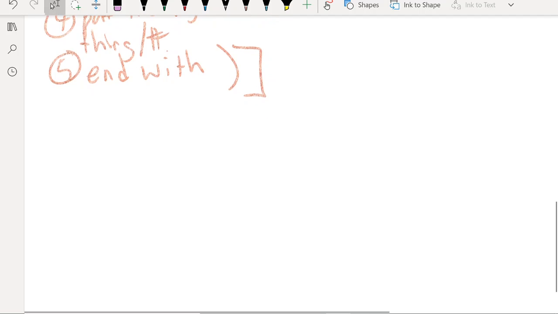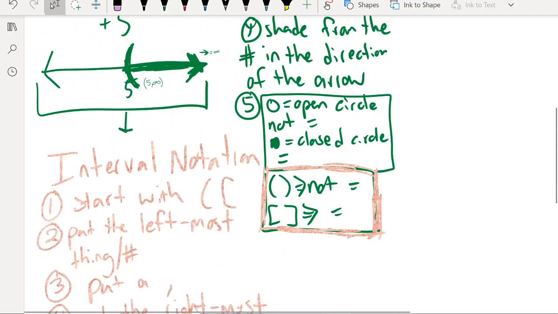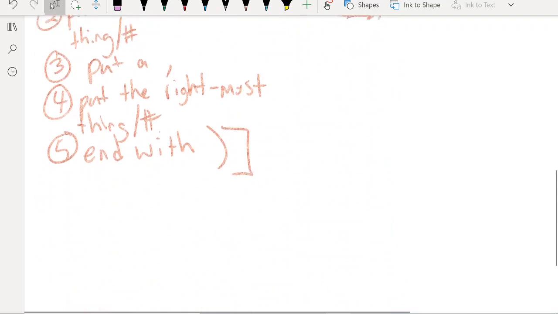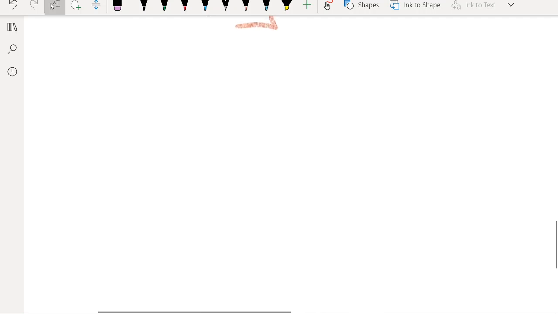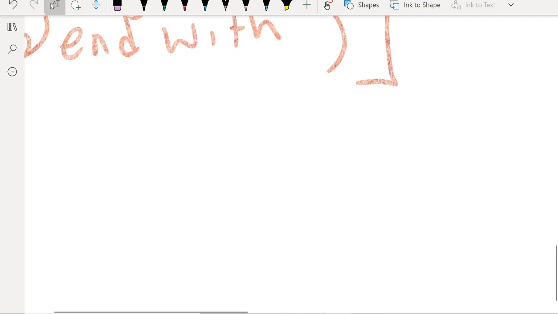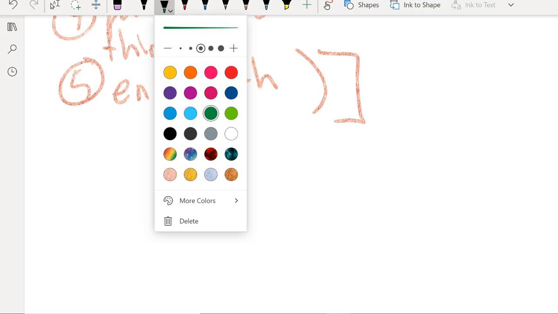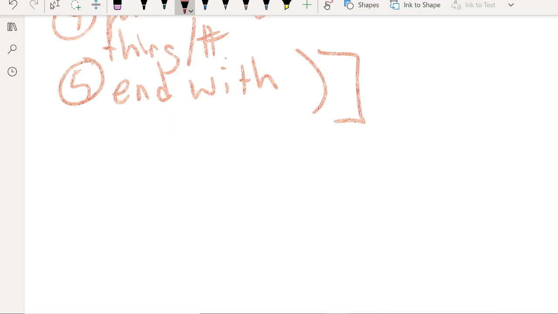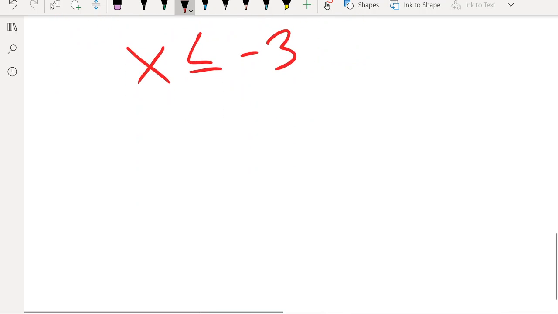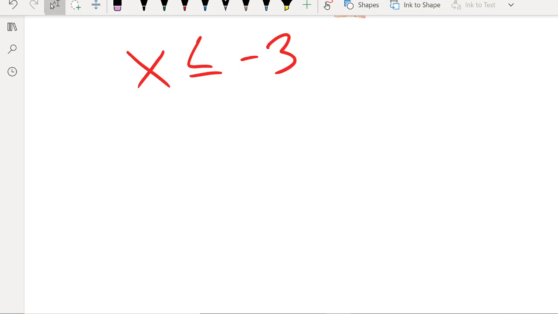Okay, let's look at another example. Wait, what was the example I used? X greater than 5. Let's do a less than or equal to now. Let's change up the color a little bit here. X is less than or equal to -3. So step 1, number line.